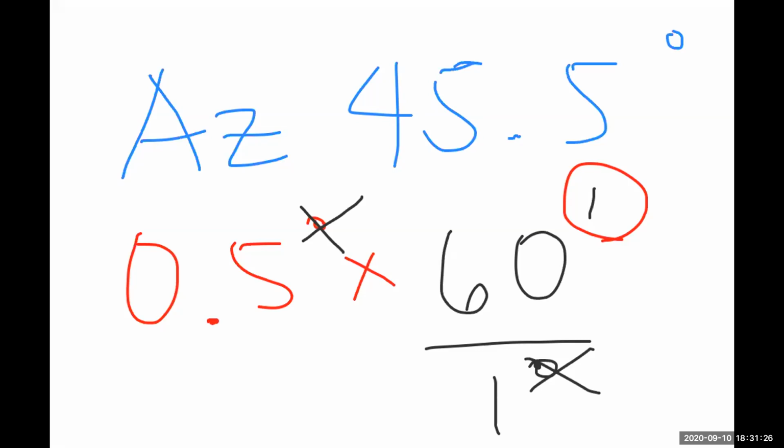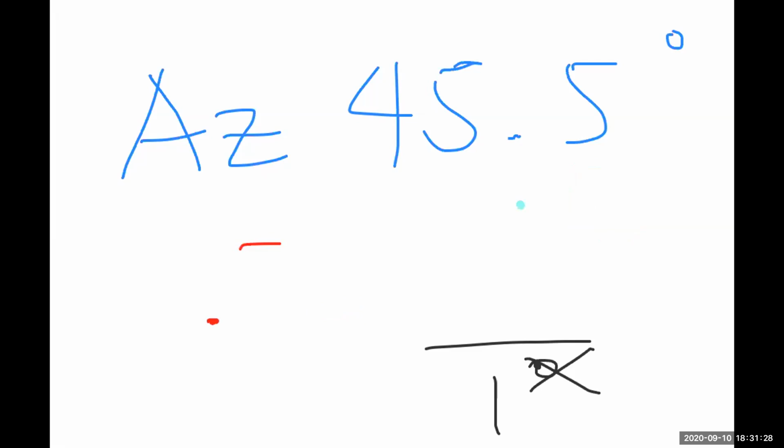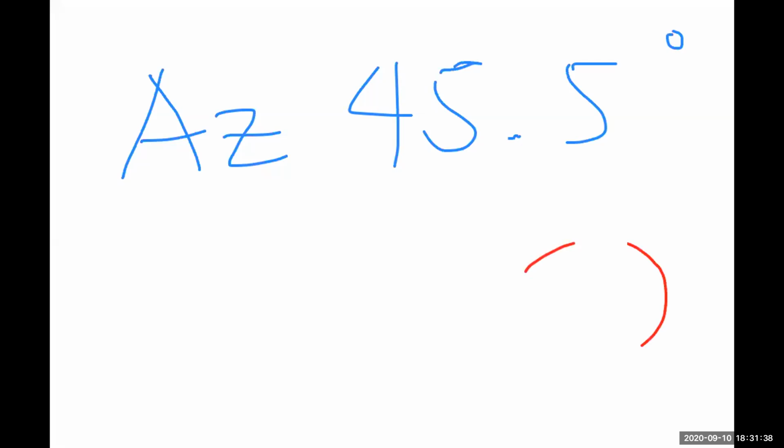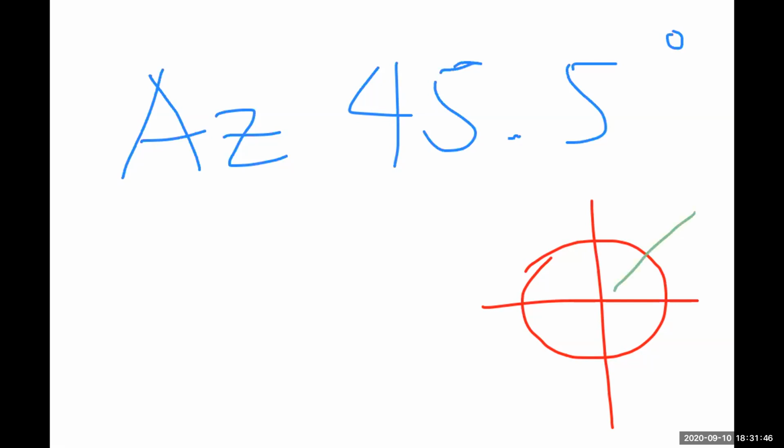So an azimuth of 45.5, if I was to visualize where that falls on a compass, 45.5 will fall somewhere in here.